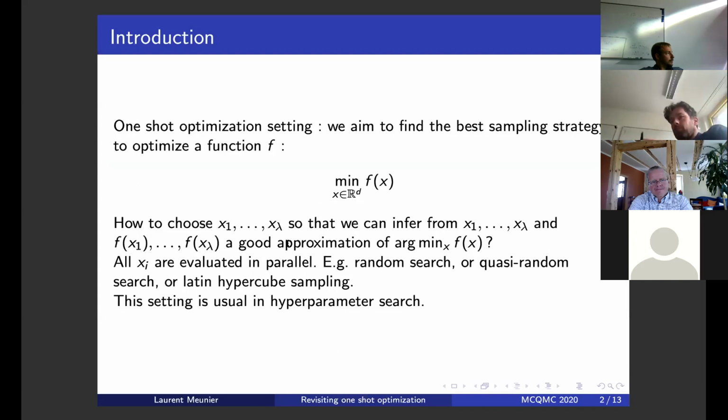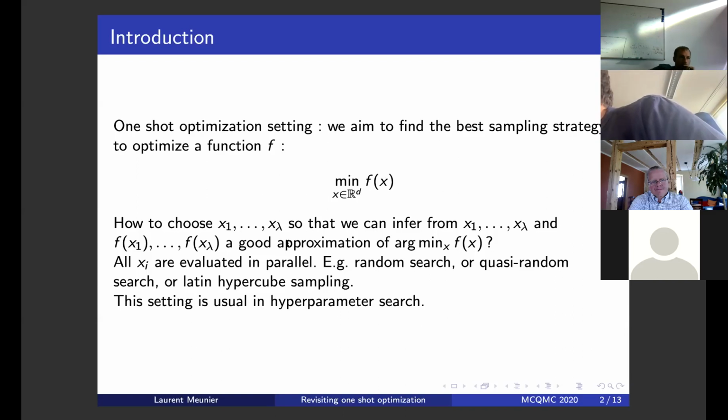So let's first remind a few things about what one-shot optimization is. It's a pretty simple setting. We try to find the best sampling strategy to optimize a function f. We have to choose lambda points, and how can we infer, observing f(x1) up to f(x lambda), how can we have a good approximation of the argmin of f(x)?